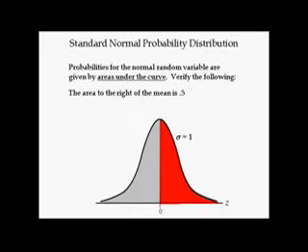We use the complement rule to find the probability that z is greater than 0, which is equal to 1 minus 0.500, which is just 0.5000. Thus, the probability that z is greater than 0 is 0.500. The total area under the curve is 1, because all we have to do is add 0.500 and 0.500, and we get 1.